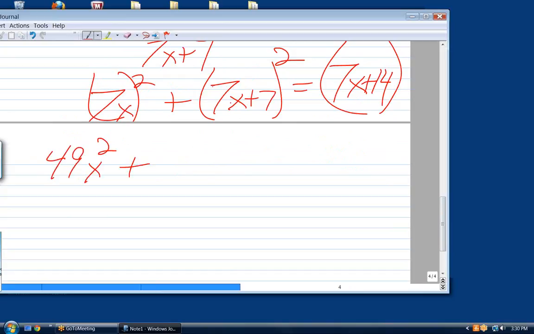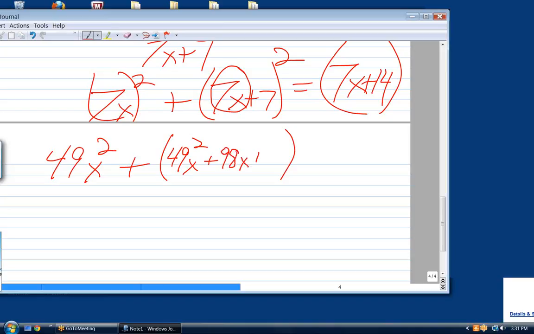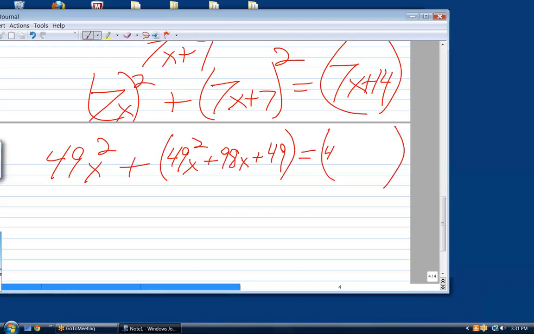49x squared. Can you square this quickly for me? Without foiling it? Based on a plus b squared? Yeah, okay. So 49x squared, in other words, square that whole term, plus 2 times a times b. In other words, this is a squared plus 2ab plus b squared.